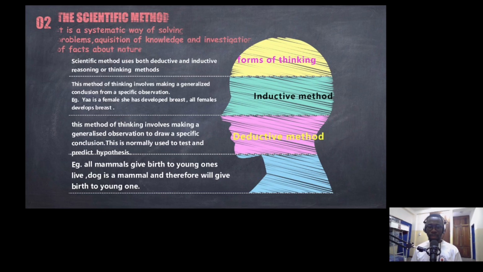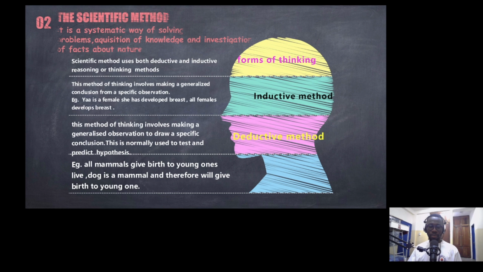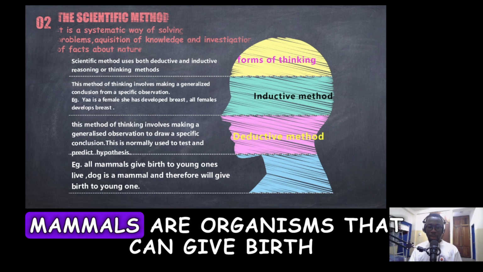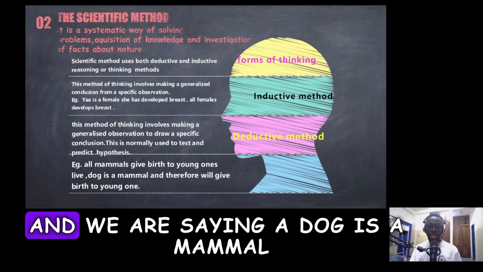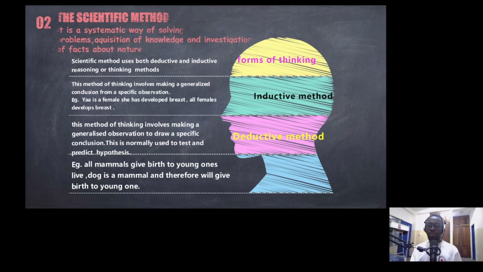A dog is a mammal, and therefore, a dog will give birth to live young ones. So, meaning that all mammals are organisms that can give birth, and we are saying a dog is a mammal, therefore, it can give birth live.